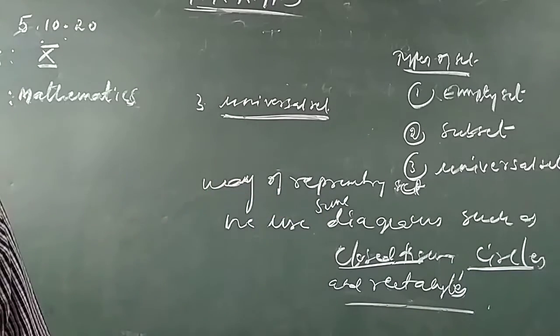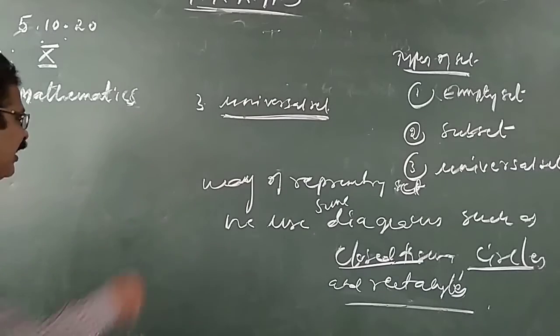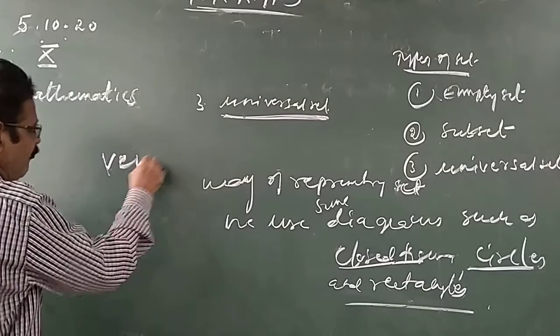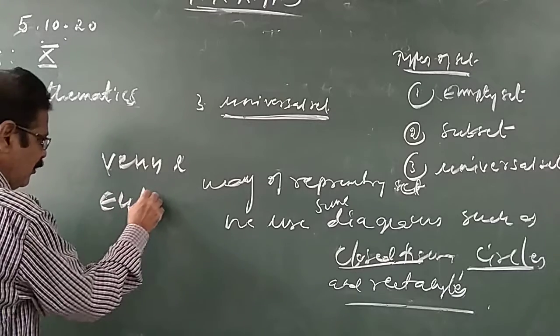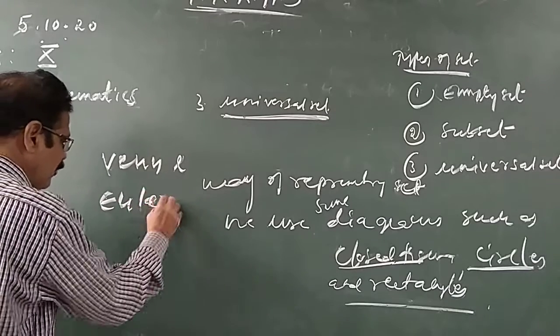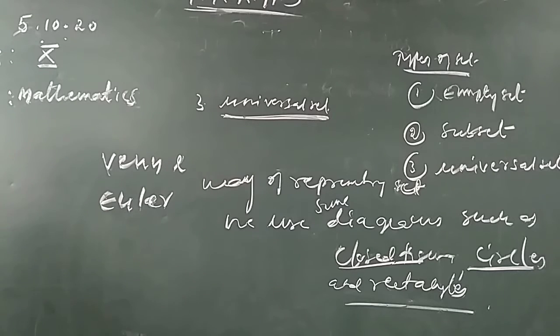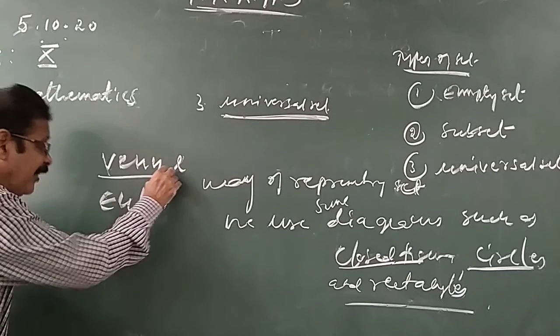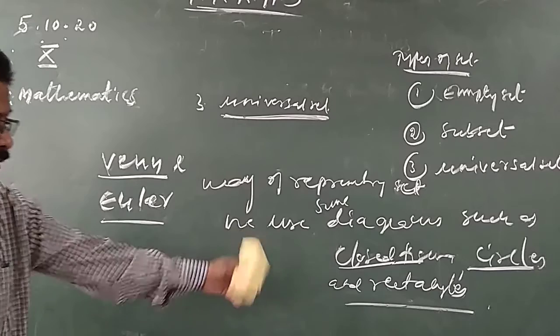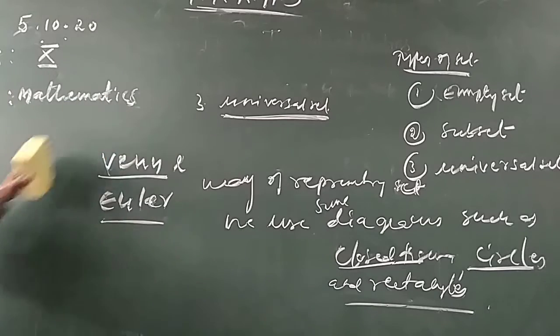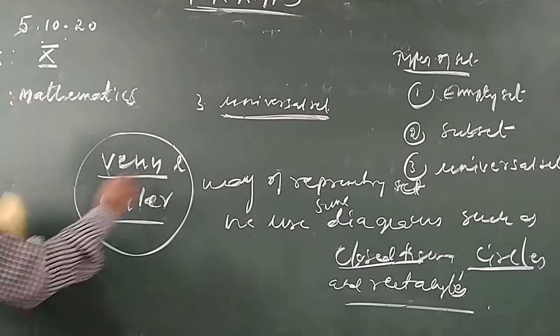Euler and Venn, famous mathematicians, used diagrams to represent sets. These are called Venn-Euler diagrams.